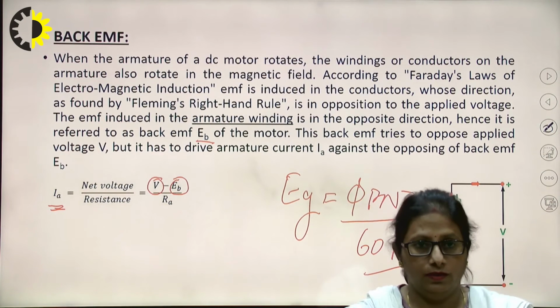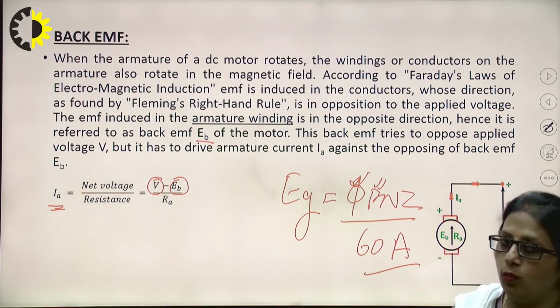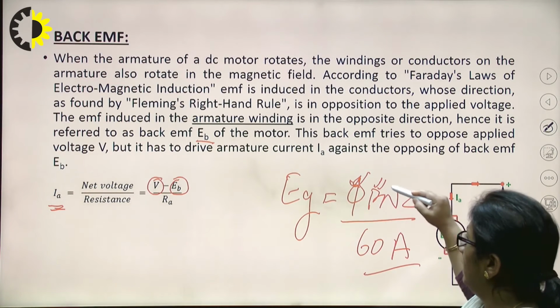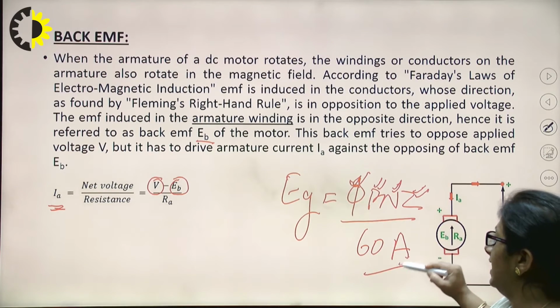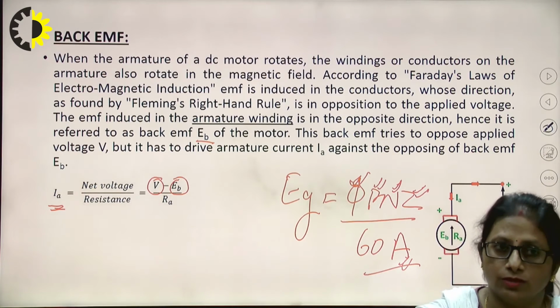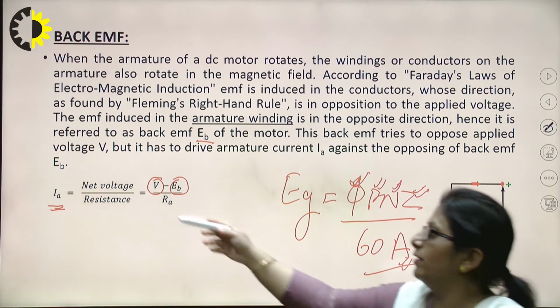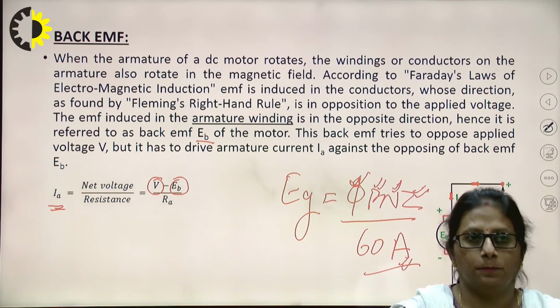Here phi is the flux per pole, P is the number of poles of the motor, N is the speed of the armature, Z is the total number of conductors, and A is the number of parallel paths, depending upon which kind of winding is there in the armature. So the armature current is given by V minus EB upon RA, where RA is the armature resistance.